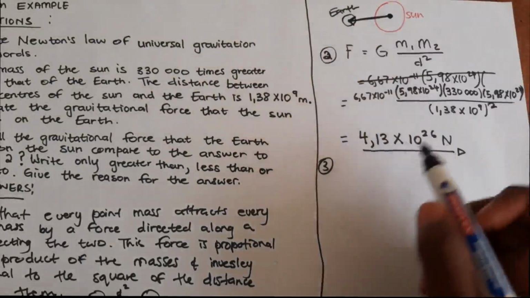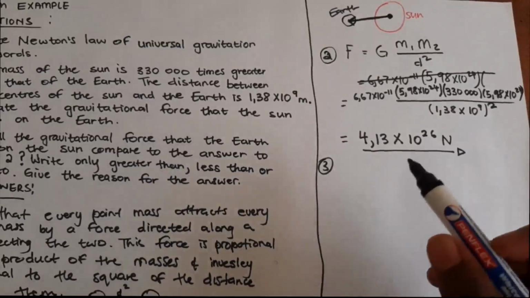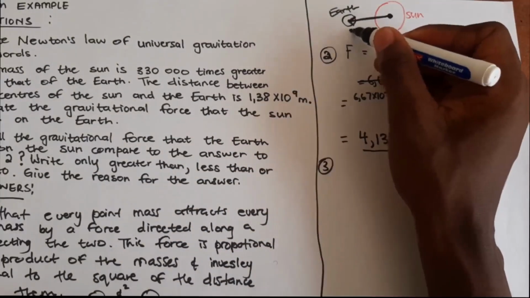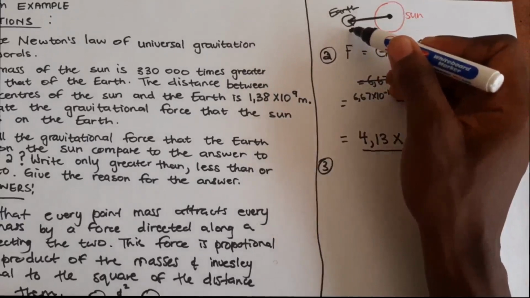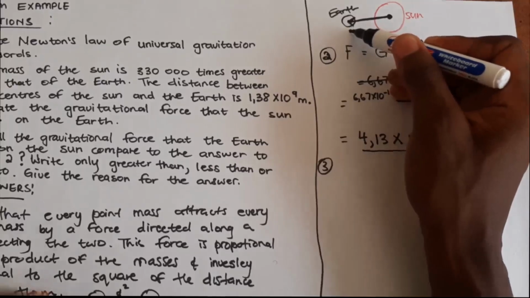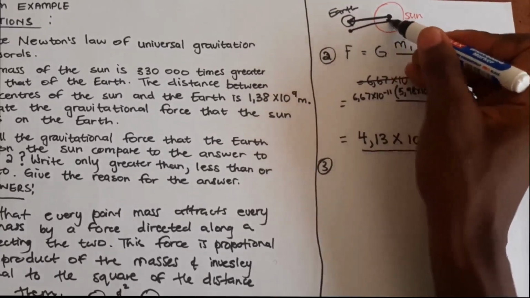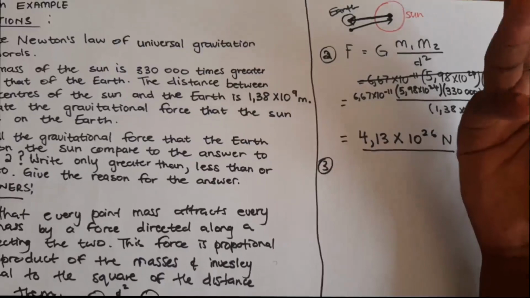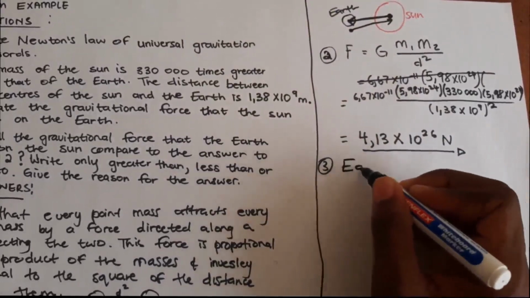Now the question asks how the force the earth exerts on the sun compares. The earth will also exert an equal amount of force, with equal magnitude but in the opposite direction, which is aligned to Newton's third law, if you still remember. So the answer is equal to.